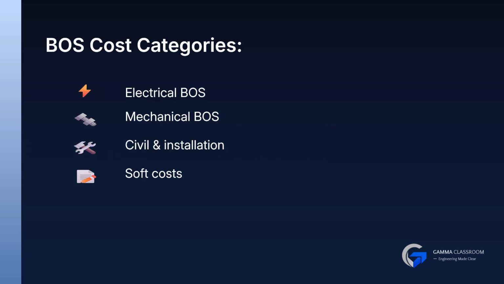BOS cost is divided into 4 categories: electrical, mechanical, civil and installation, and soft costs. Each category contributes differently depending on the project type.